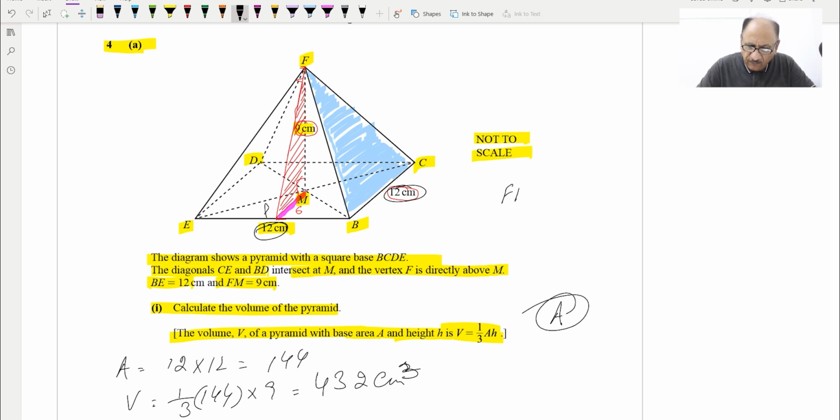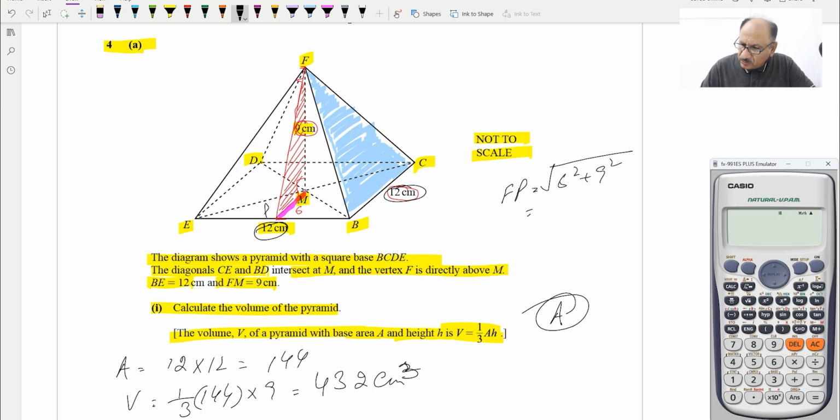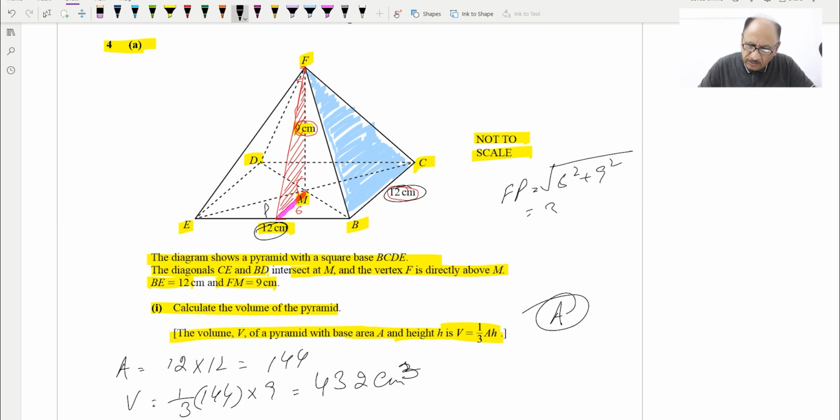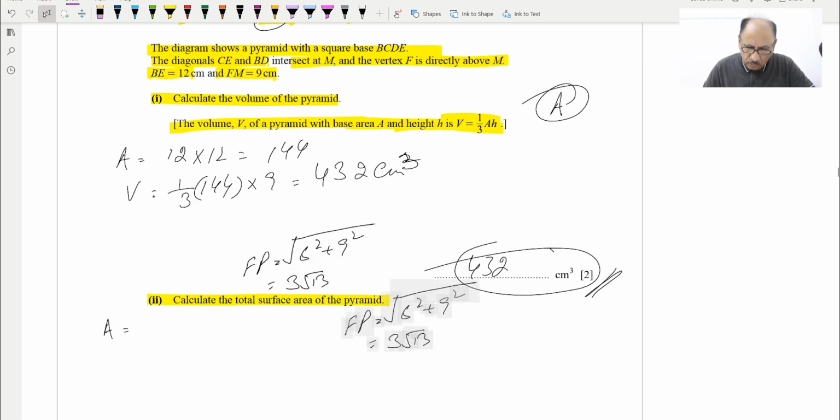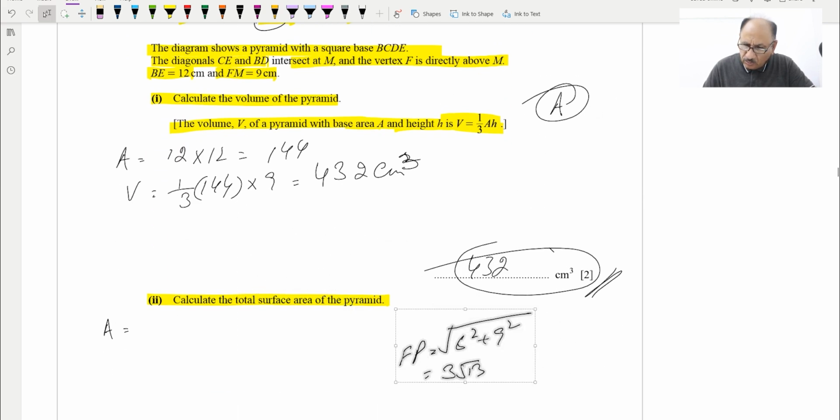Basically FP will be equal to under root 6 square plus 9 square, and it is resulting to 3 under root 13, 3 root 13. And this one we will be shifting to the proper location, so that we can show working over here. So this is what we calculated, the slanting height.